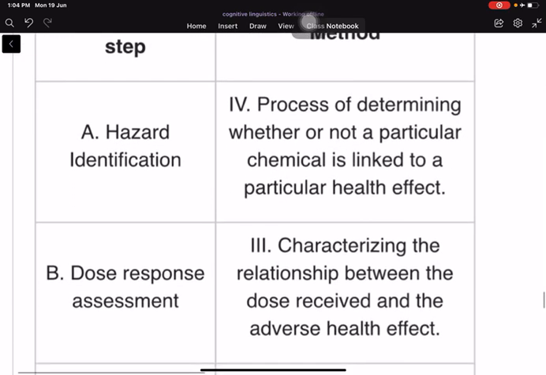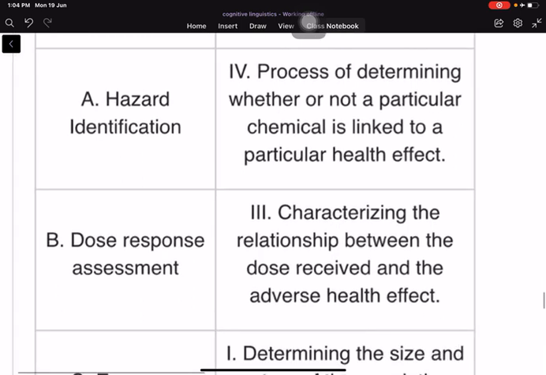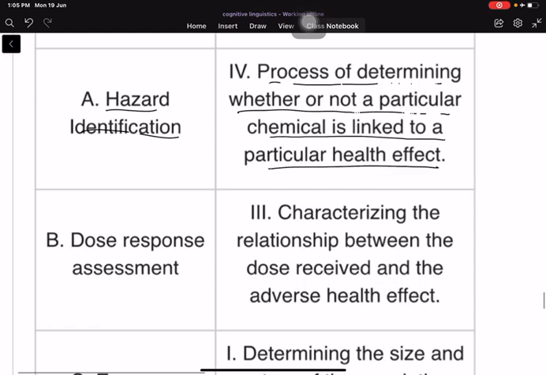So let's see. Hazard identification: process of determining whether or not a particular chemical is linked to a particular health effect. That's hazard identification.